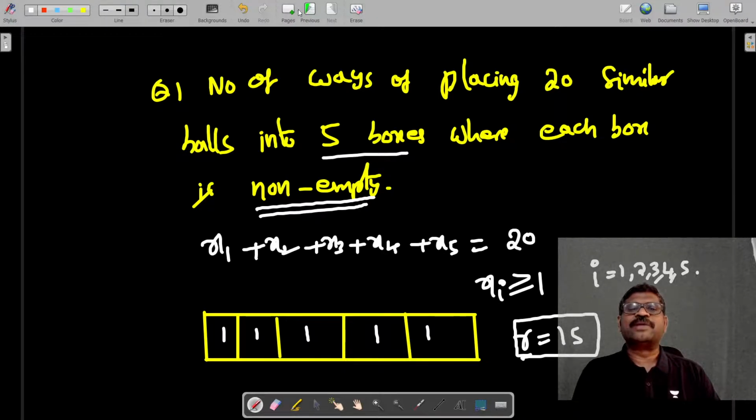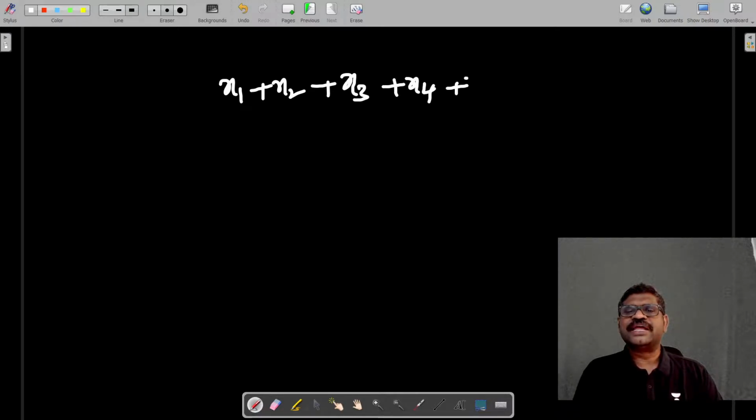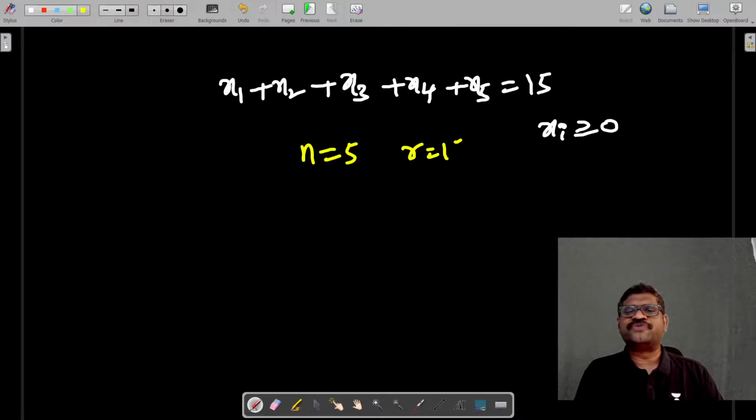Now our problem becomes number of non-negative integer solutions of x1 plus x2 plus x3 plus x4 plus x5 equal to 15, where each xi greater than or equal to 0. Now n value 5, r value 15.